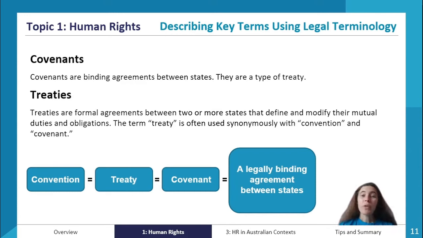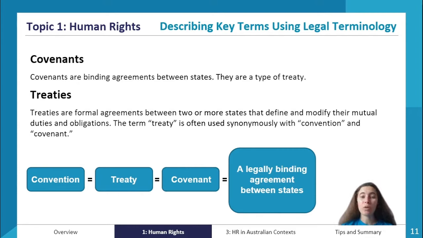We have a bunch of different terms that are often used interchangeably, but it's important to have an understanding of each of them. So covenants are binding agreements between states. So they're a type of treaty, and that's why these different terms are often used interchangeably. Now, treaties are also formal agreements between two or more states that define and modify their mutual duties and obligations.